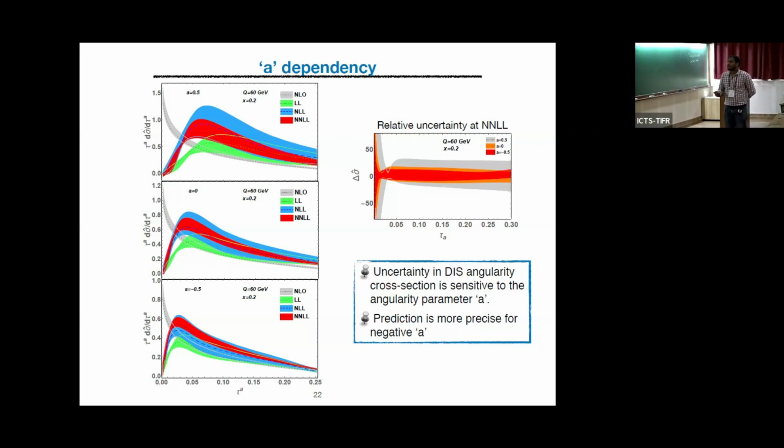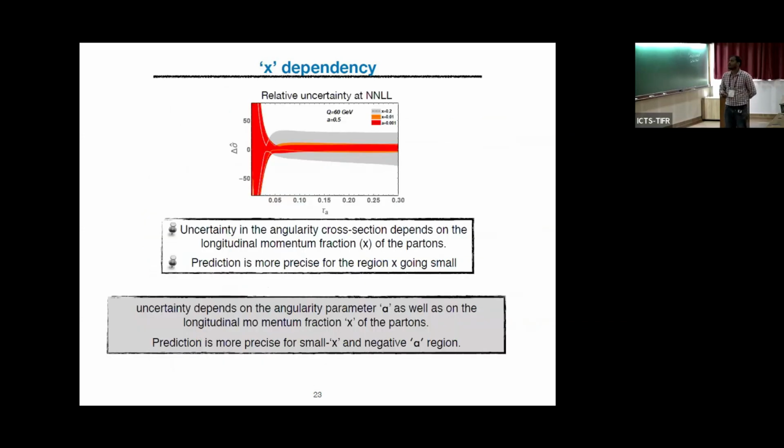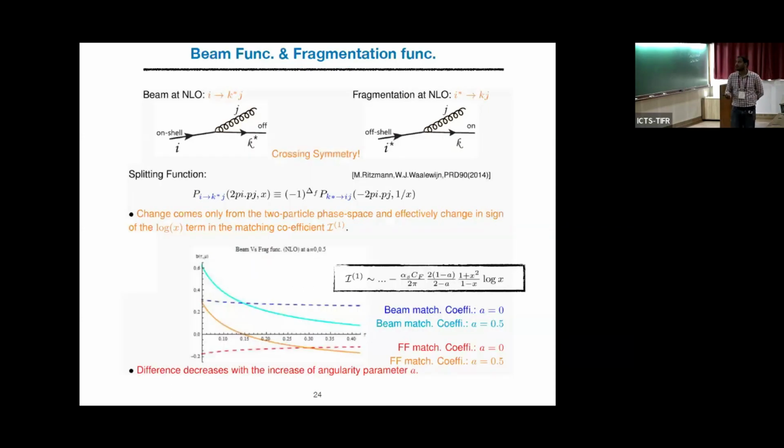So I think a decent order of A would be -0.5 or -1 at maximum. Now the x dependency: we have also seen that as x approaches the smaller region, the uncertainty is smaller. Our finding from this study is that our result is more precise for negative A and x approaching small.